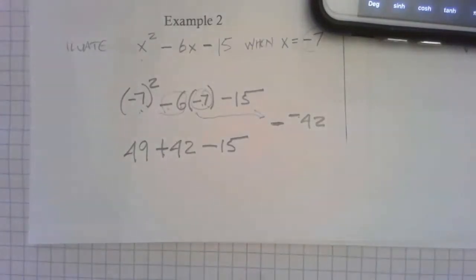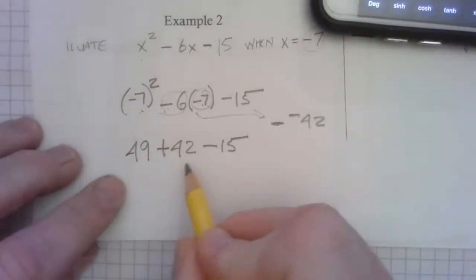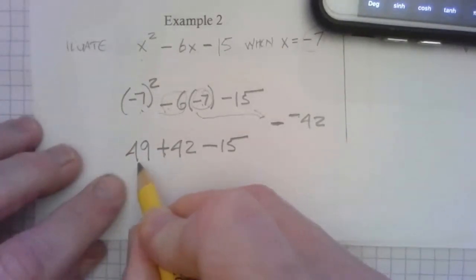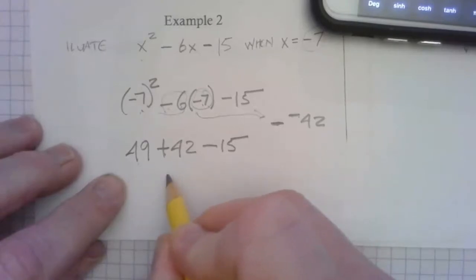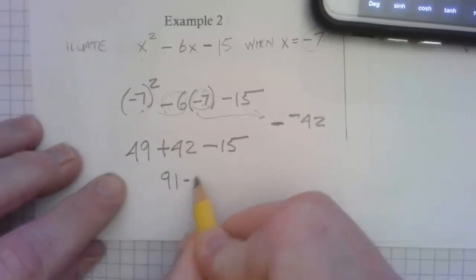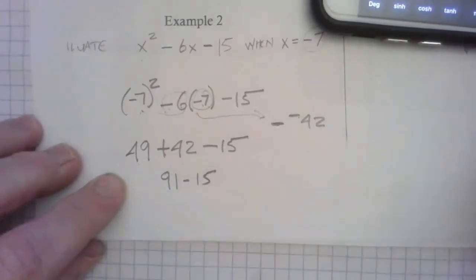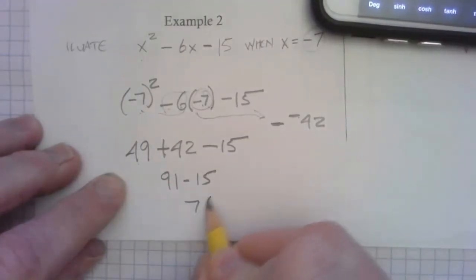So you get to the same point. Let's see, that's 91, I believe. 49 plus 42, it's 80, 91. Minus 15, and I'll do that one just to make sure I get it right. Minus 15, 76. There we go.